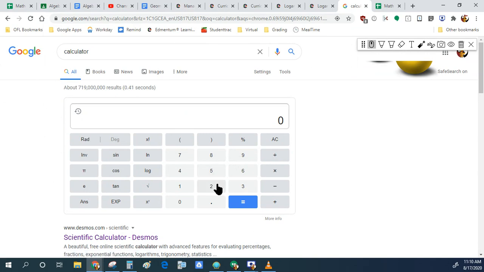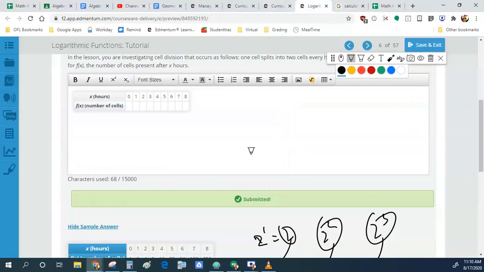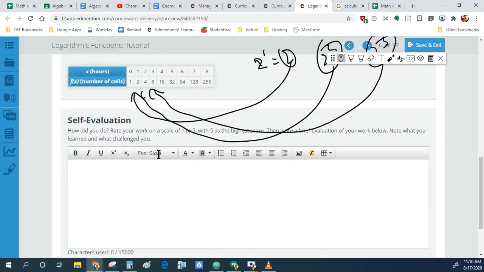So you can always do this: 2, let's say we wanted to go to the fourth power, use this little x to the y button, to the power of 4, and that's how we get our 16. And if we did it again, we would get the 32. It keeps doubling basically.